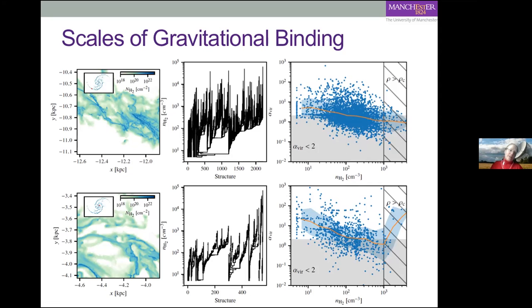And so what we see is that in these cloud complexes, only tiny little bits of them will actually be collapsing and star forming. And that does explain why star formation is slow in galaxies.